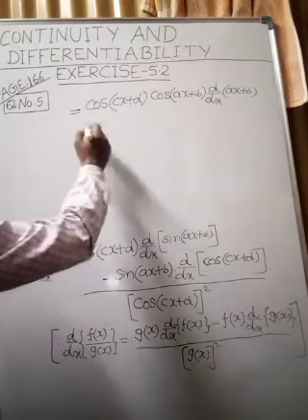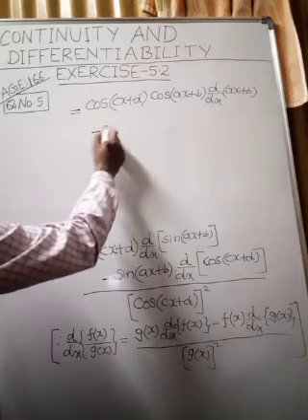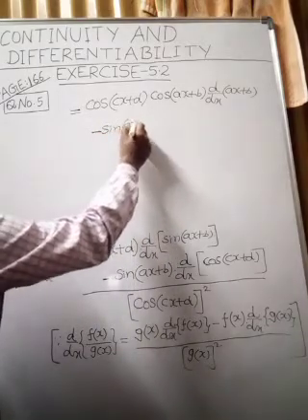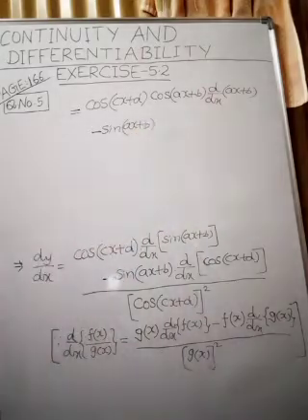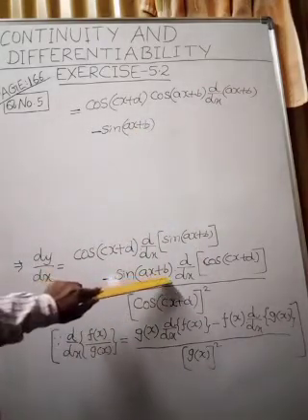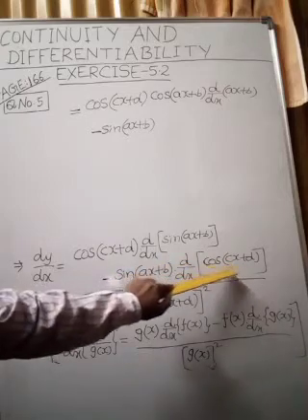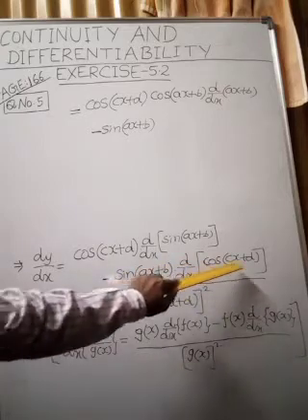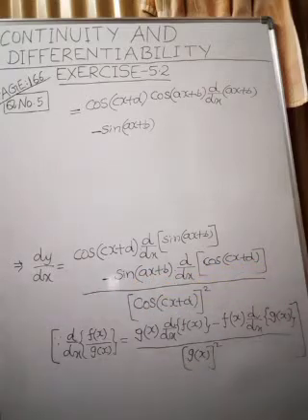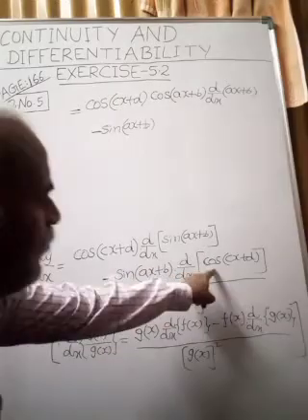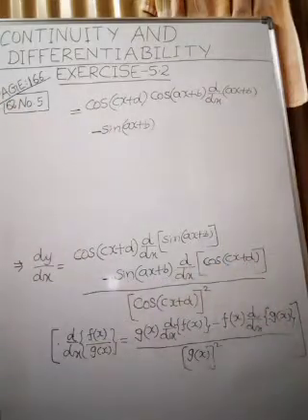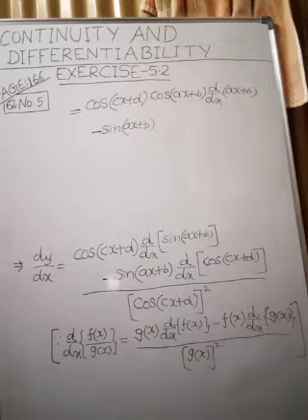Minus sine of ax plus b into d by dx of, this is also a composite function of cos x and cx plus d. So we have to apply first d by dx of cos x. Consider that entire function within the small brackets as x in our mind.